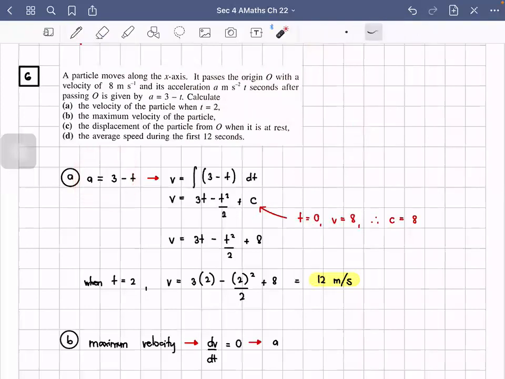To get v, we integrate 3 - t with respect to t. Doing so, 3 becomes 3t, and t becomes t²/2, plus c. Okay, class, what is c here?